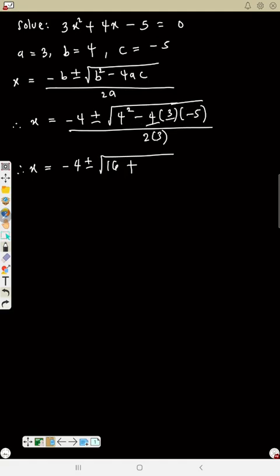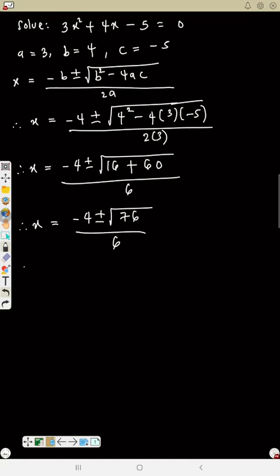Now 4 times 3, 12, 12 times 5, 60, divided by 6, that is 2 times 3, 6. x is equal to minus 4 plus or minus the square root of, now 60 plus 16, you can add 16 plus 60, that will give us 76. That means 76 divided by 6.